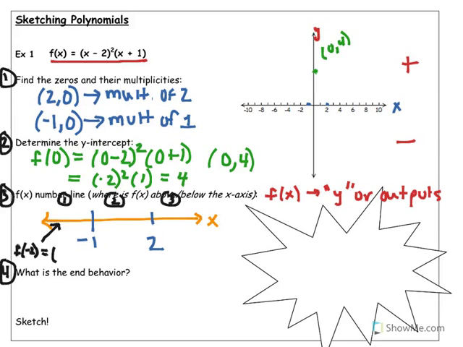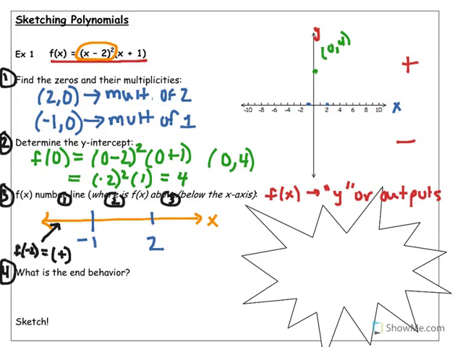So when we plug -2 into the first factor up here, we get -2 minus 2. That's still negative, but when we square it, we actually get a positive answer. So the first factor gives me a positive number.